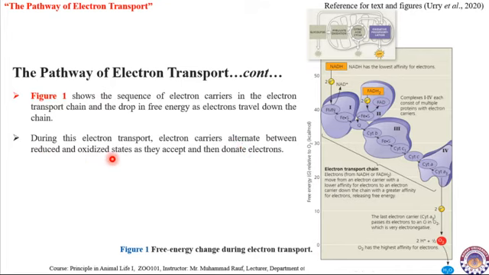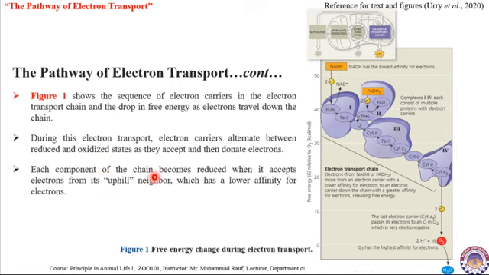So first, a carrier is reduced by accepting electrons, and then when it delivers its electrons to another carrier, it becomes oxidized. So that's why in the electron transport chain there are a series of oxidation reduction reactions.